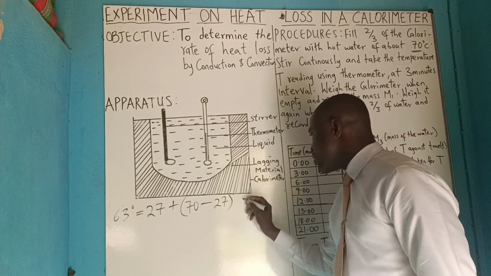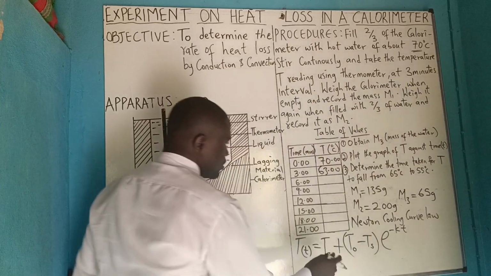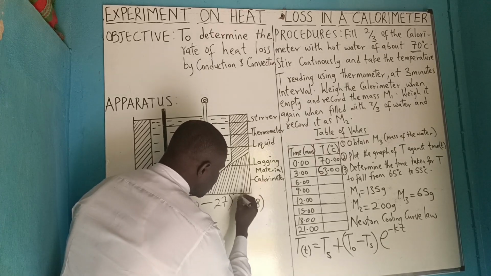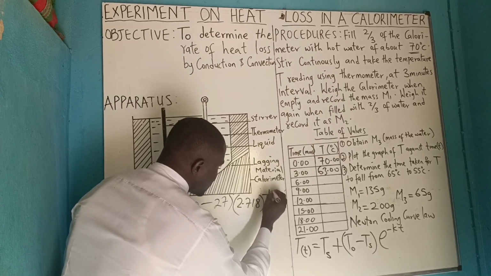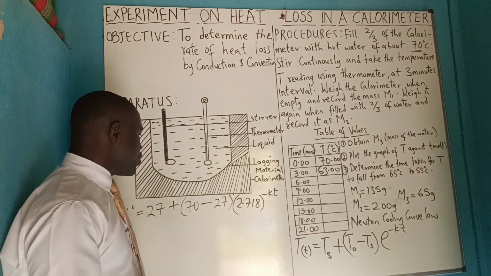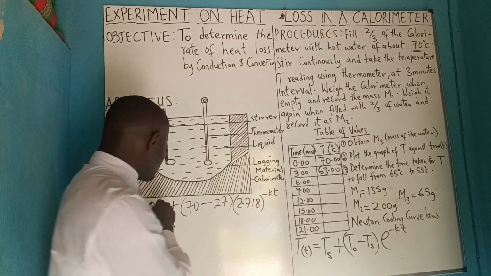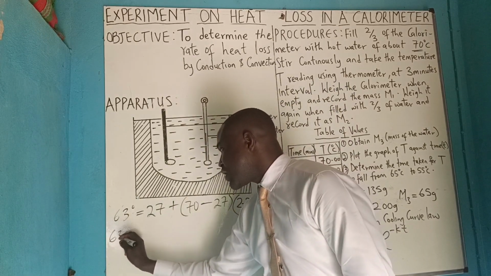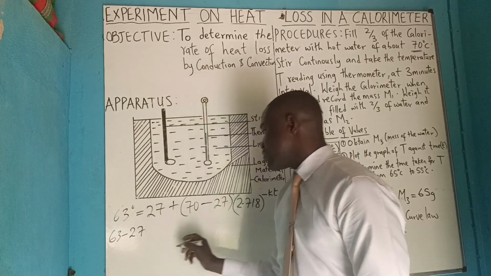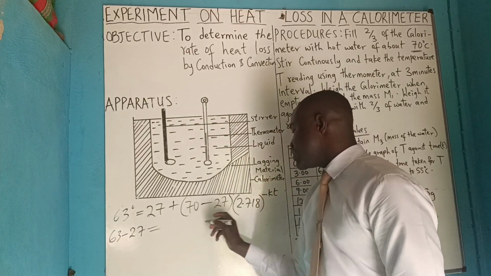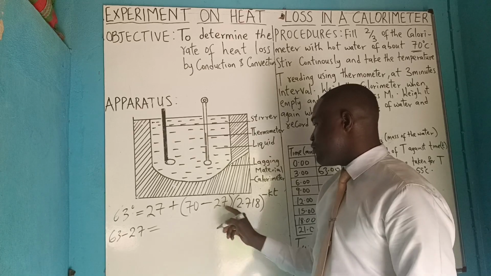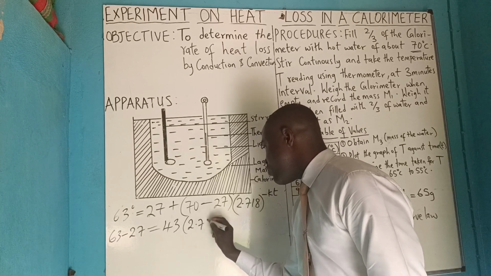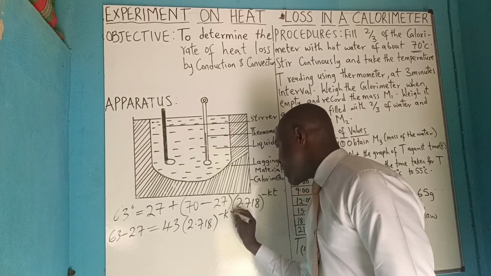Then the exponential. This exponential means 2.718 raised to the power of minus kt. And so what you do is you say this goes here. You will have 63 minus 27 equals 43 bracket 2.718 raised to the power of minus kt.